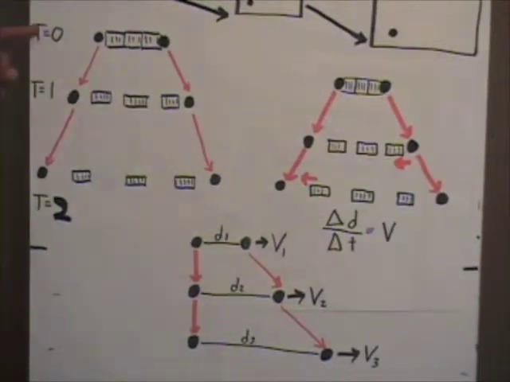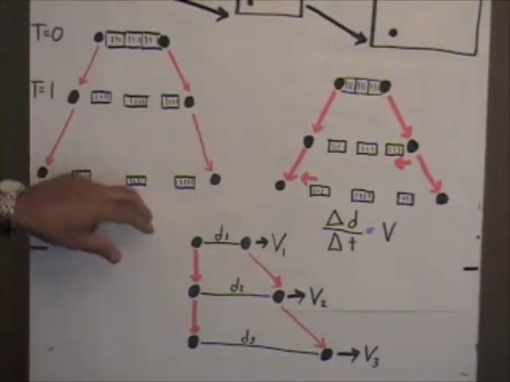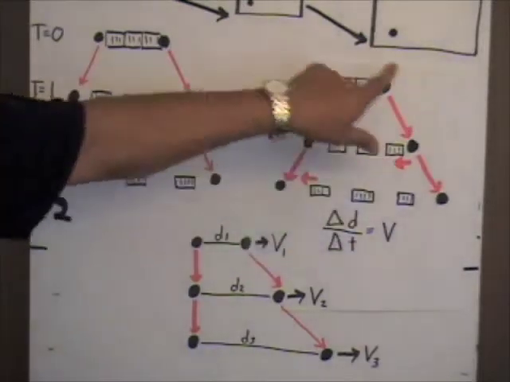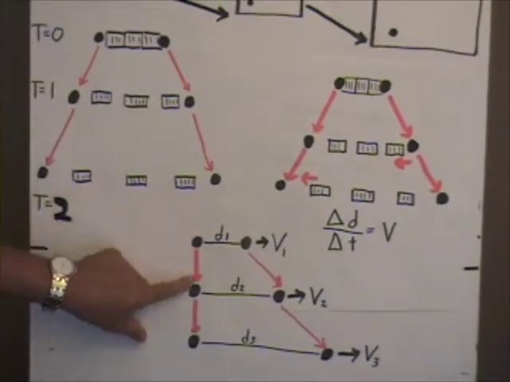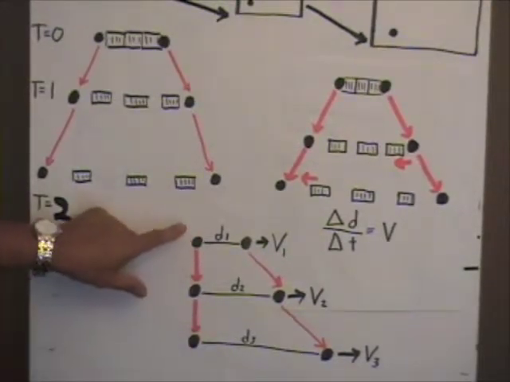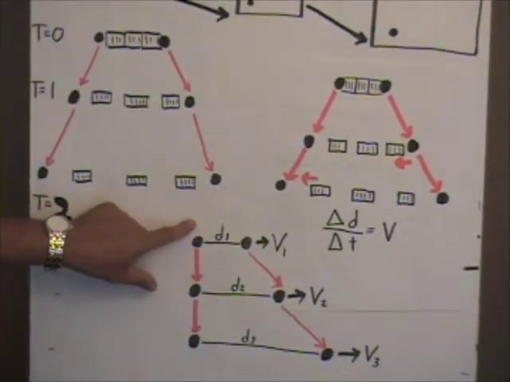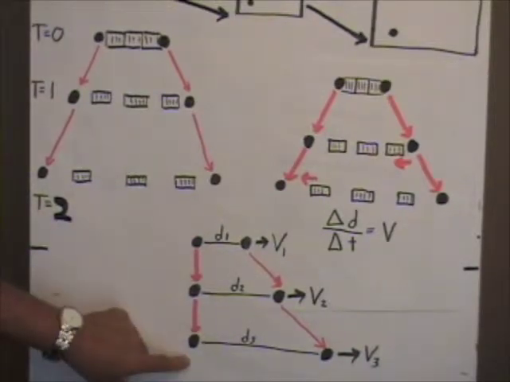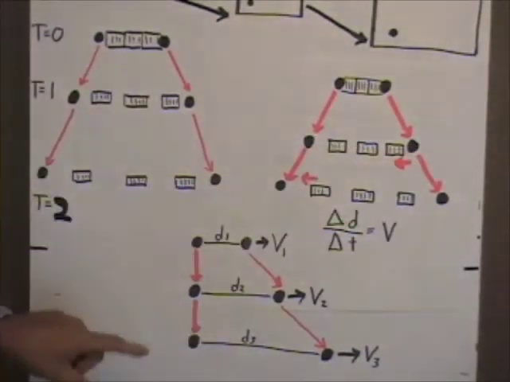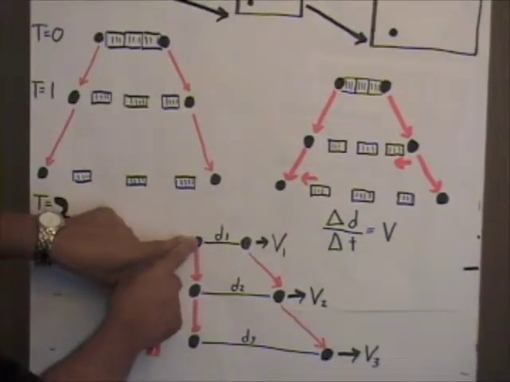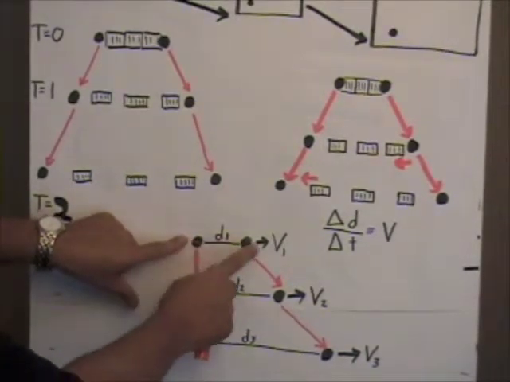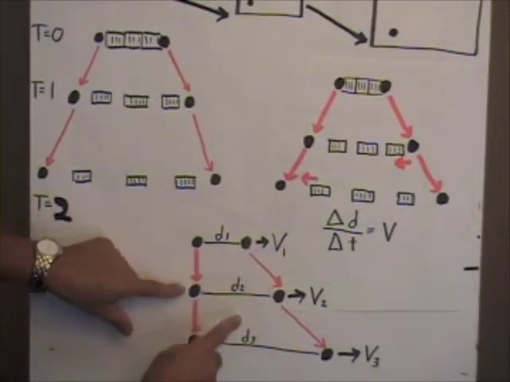Now we switch the view slightly to show either of these events from the point of view of a frame of reference where the Earth is stationary. So if we take the Earth as being stationary in this frame of reference, and we're talking about the spaceship moving away from the Earth, at time equals 0, it's at a certain distance d1.